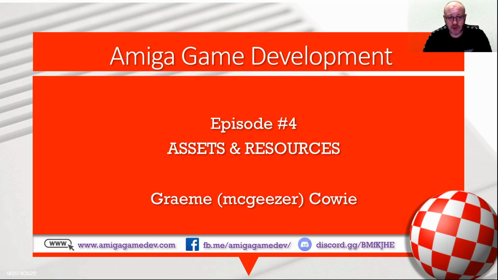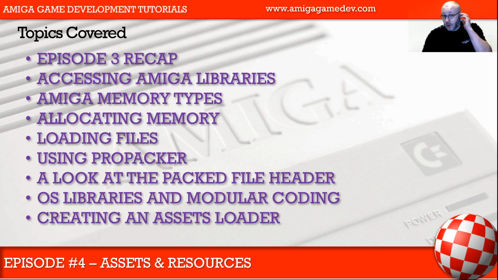So on with this week's episode then, and assets and resources. Topics covered in this one: episode number 3 recap; accessing the Amiga libraries, very important; and we're going to be looking a bit more in depth at the Amiga memory types. We're going to be looking at allocating some memory, loading files using the Pro Packer, the Rob Northern Computing Pro Packer. We're going to be looking at what a packed file actually looks like.